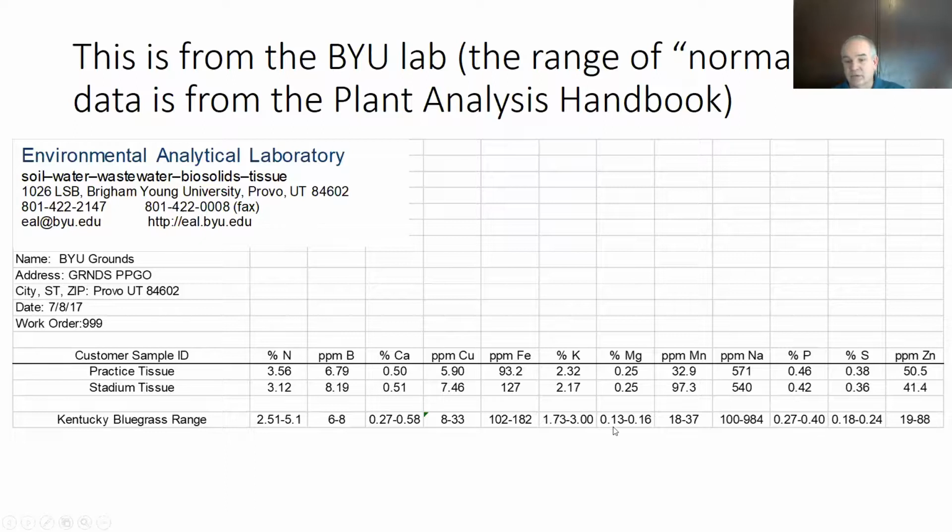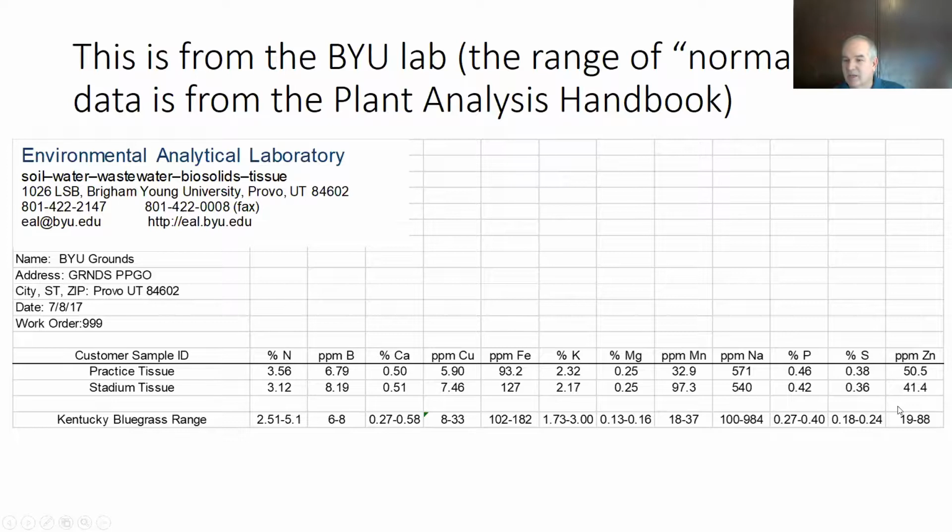The potassiums are in range. The magnesiums are actually high, over range. Manganese is definitely above range at the stadium, which might even suggest we're a little too high on the manganese there. At the practice field, it's right in range. Sodiums are in range. Phosphorus here is a little high, which is great, not too high.